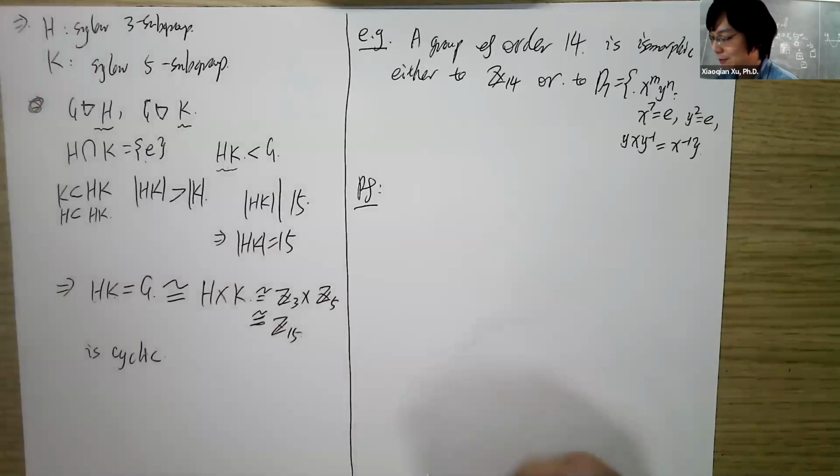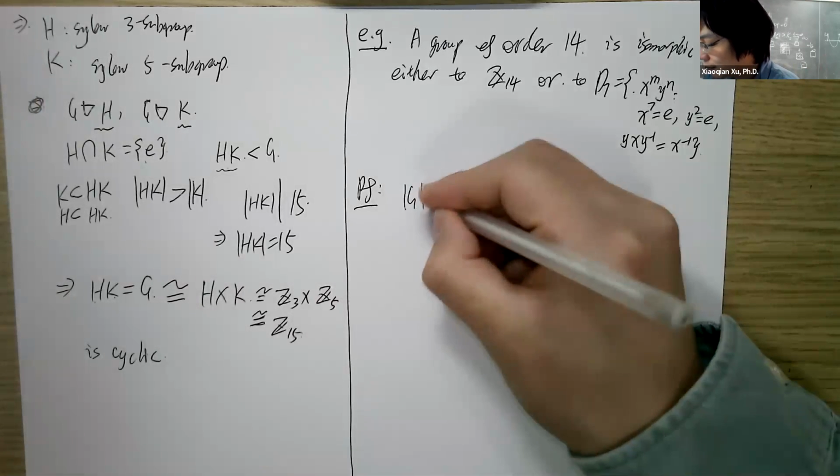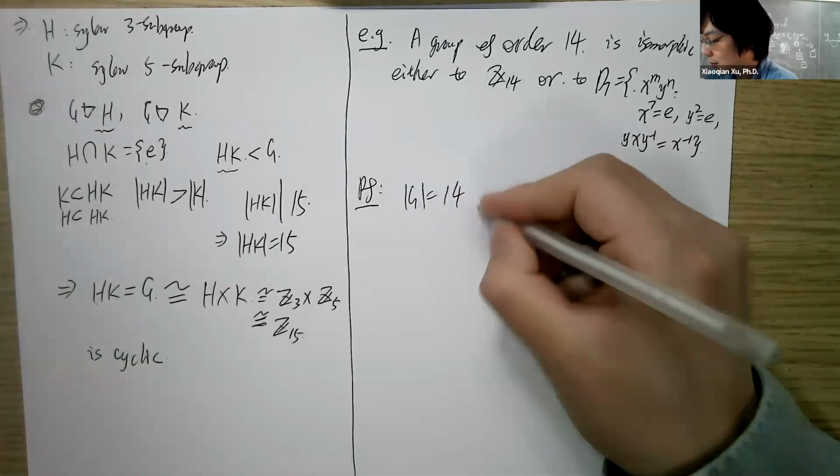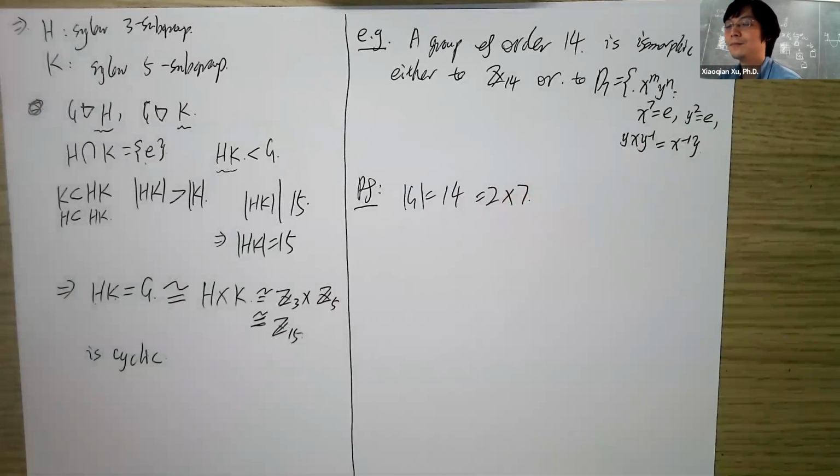Well, first, let's use the Sylow theorems to see how many Sylow p-subgroups it has. Again, G has order 14, which equals 2 times 7. Then we need to discuss how many Sylow 2-subgroups G has, and how many Sylow 7-subgroups G has. What can you say about this?